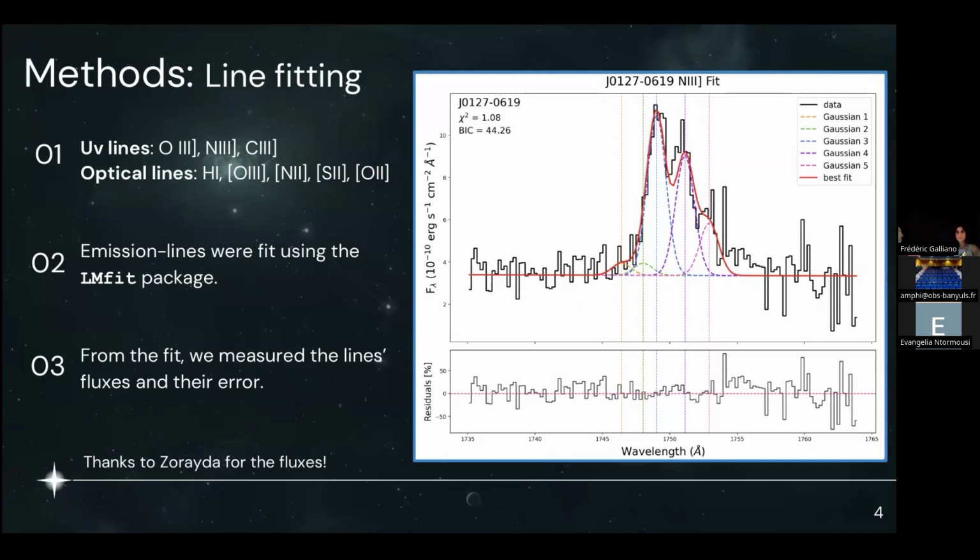So to do this, we want to measure the line fluxes and their errors. And to do that, we fit the lines with the LMFIT package using single or multiple Gaussian components. And you may think that this was super easy and we did it without problems, but it put us to the test. So we thank Zoraida for the line fluxes.